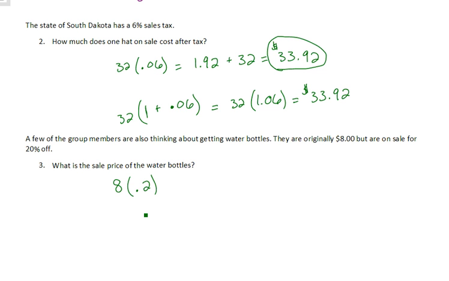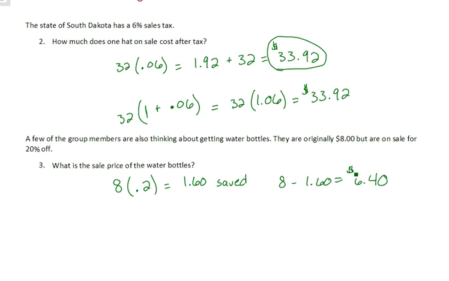And this is going to give me how much we save. We save $1.60. So again, then students are going to take the $8 at its original, and subtract $1.60 from it, which gives us $6.40. Okay? A couple steps in there.